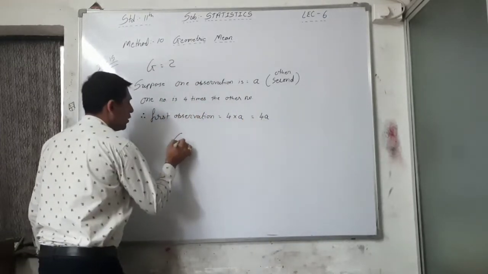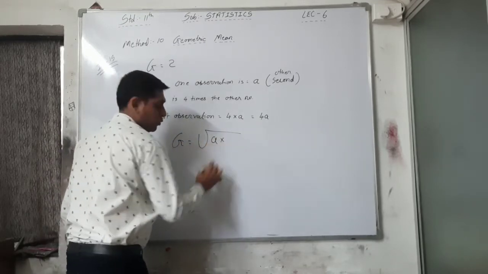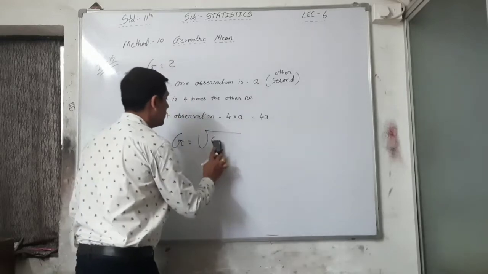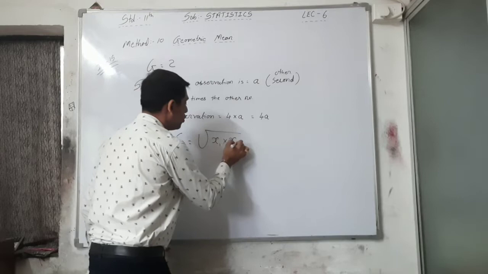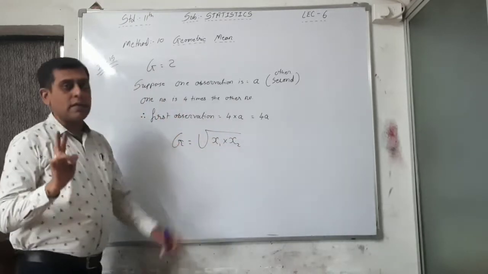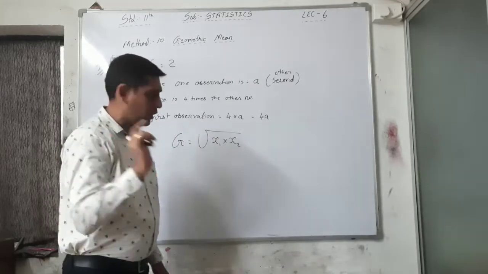So we can find out the geometric mean. First of all, writing the formula: square root of x1 into x2. Only two observations are there, that's why we write just the square root, nothing else.